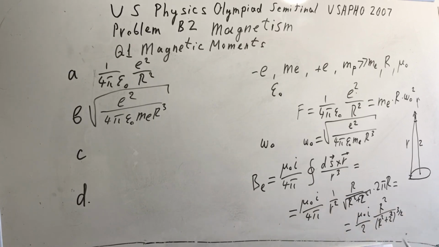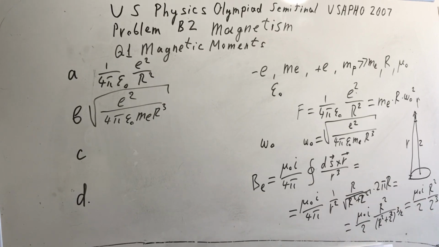And because r is very small compared to z, we have this expression: mu 0 I over 2 r square over z cube.